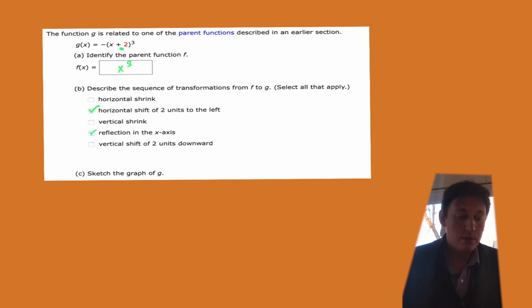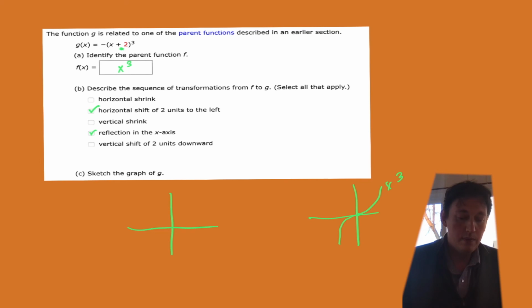There is no horizontal shrink or vertical shrink. It doesn't move down; moving downwards would mean that you would have a number on the outside. So to sketch this graph really quick, first you need to know what the parent function of x cubed looks like, and it looks like this. I'm going to move it to the left 2.